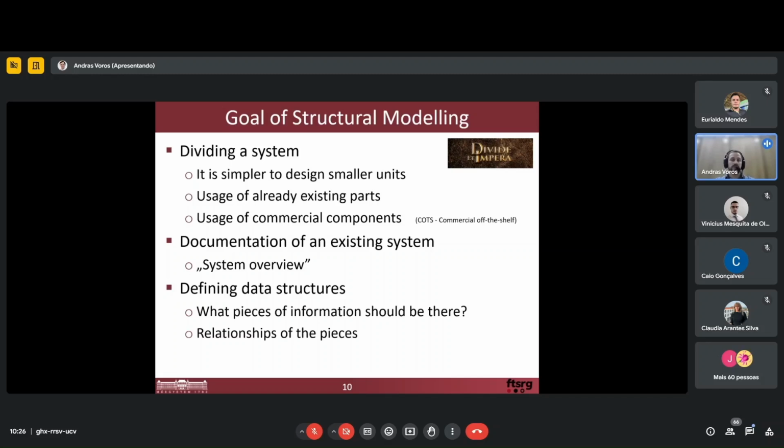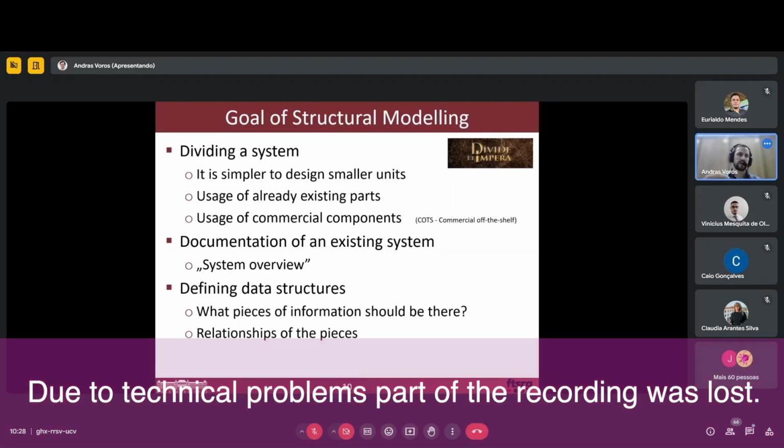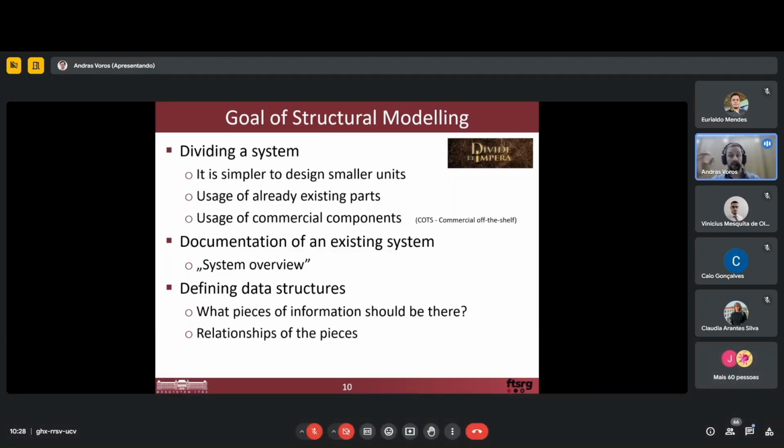So we want to divide the system, use already existing parts, use those things that were developed by other companies and so on, and build our system in this way to get some kind of high-level system overview.